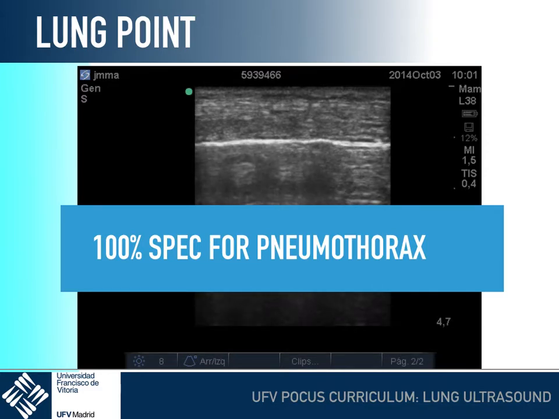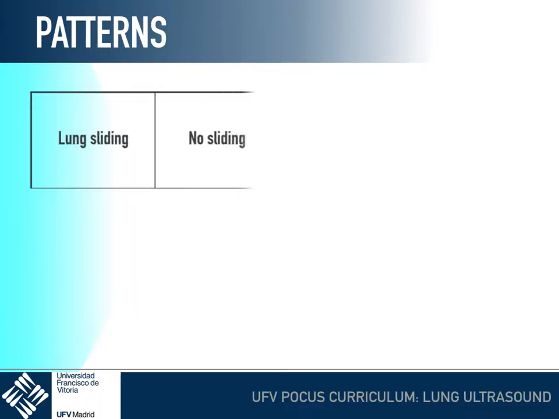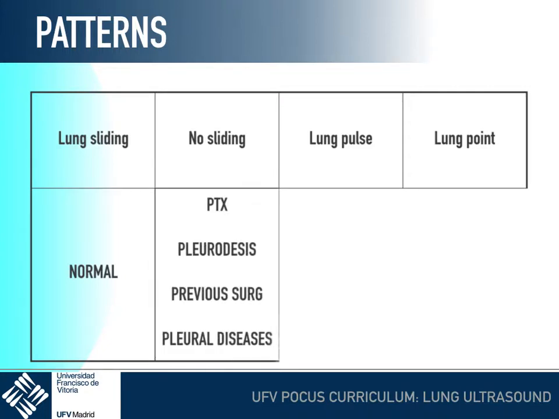So let's take an overview of the patterns as well. Lung sliding, no sliding, lung pulse, lung point. The lung sliding is normal. So normal condition, no pneumothorax for sure, and the lung is normally ventilated. No sliding is present in pneumothorax, but as well in other pathologically attached pleural conditions, like pleuritis, previous surgeries, or pleural diseases.